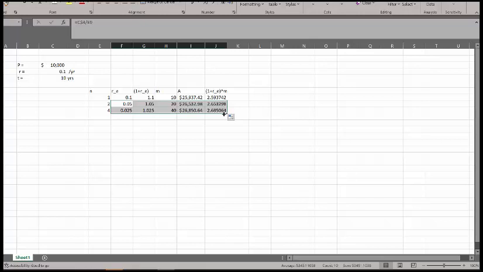So a little bit extra cash. It's not coming as quickly now. Next one, now we do monthly. So that's 12 times per year. Drag everything down. A little extra cash. At the end, a little bit more interest accrued.